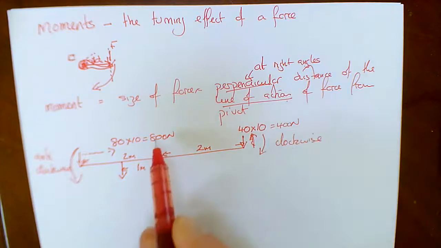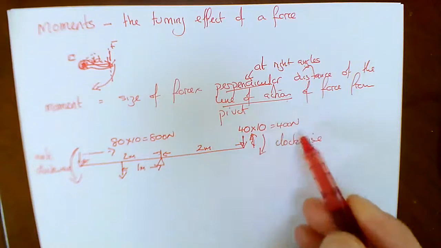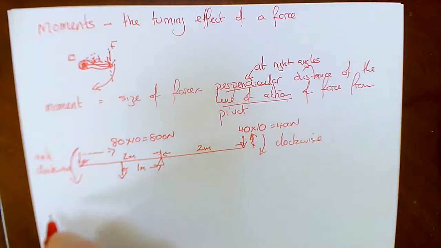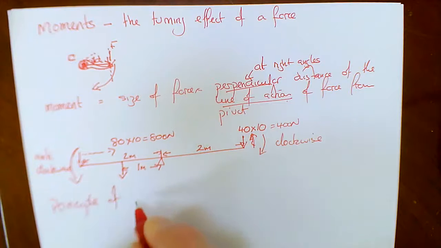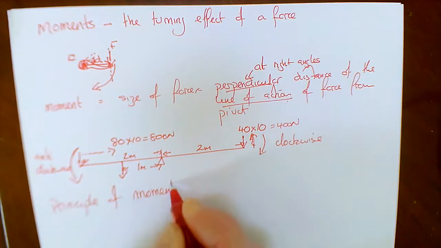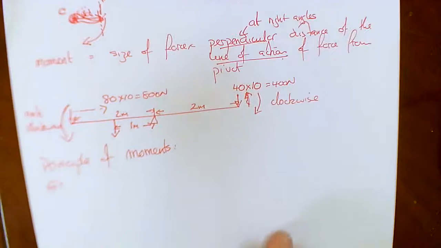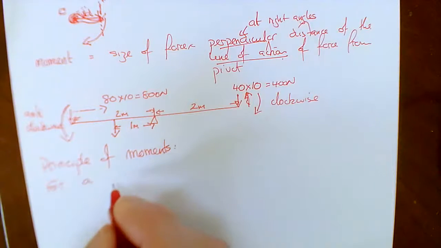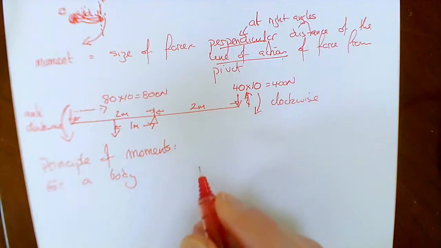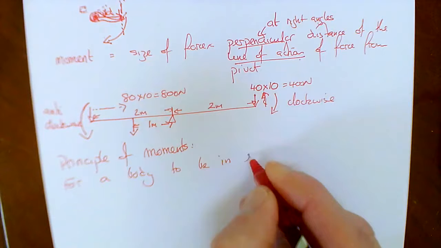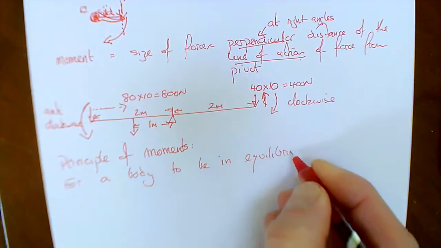And if the moment of this and the moment of this are the same, then it's not going to turn. So we have a principle of moments which says for a body, an object, to be in equilibrium, here's another key term for you.